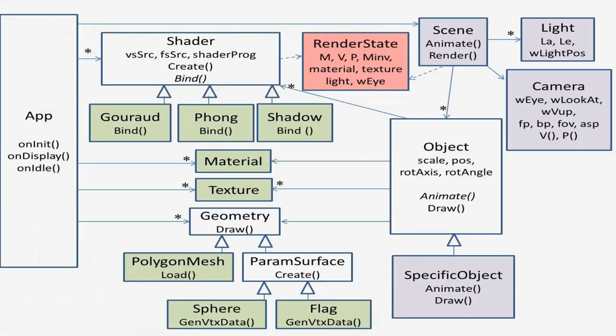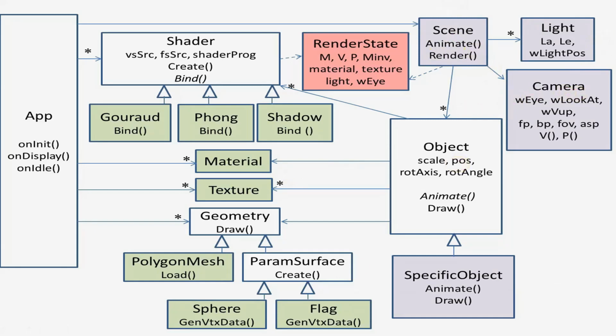This is the UML class diagram of a simple 3D engine. Our virtual world is an object of type scene, which can be animated and rendered. A scene has an arbitrary number of light sources and a single camera, and a heterogeneous collection of geometric objects.